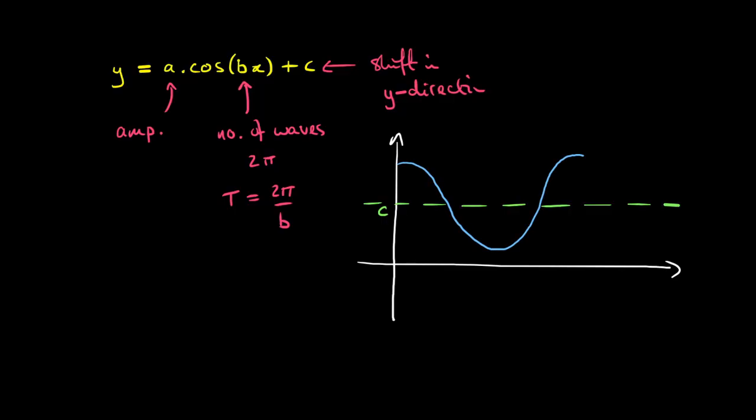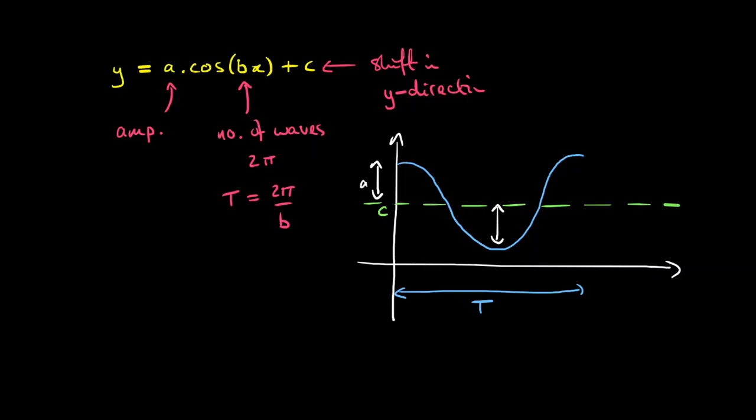And that is one full wave. So that would be the time period there, right? Because that's how long it takes for us to complete a wave, and therefore we can calculate B using this formula here. And then the amplitude is going to be this distance here, either from the center line to the peak or also from the center line to the trough. Okay, so that would be the amplitude.